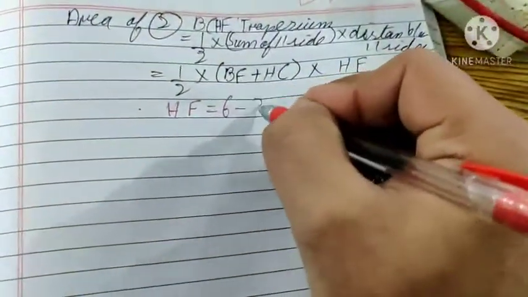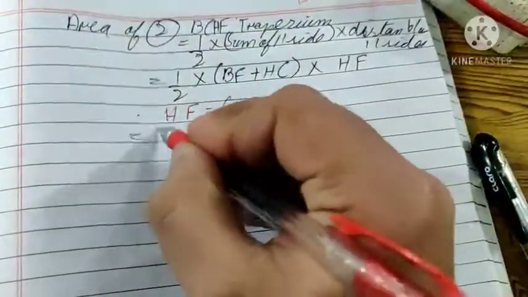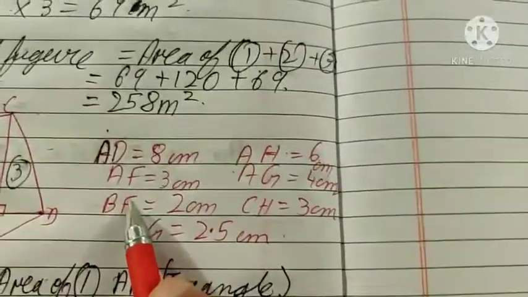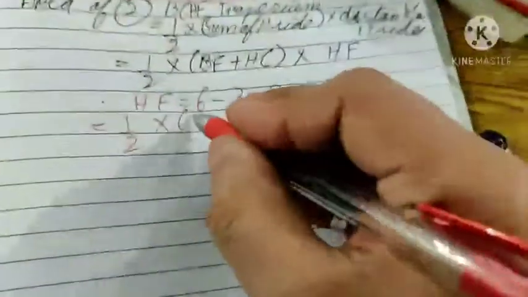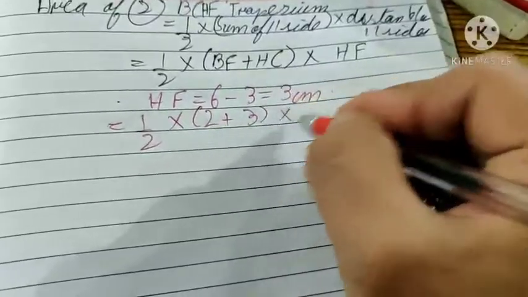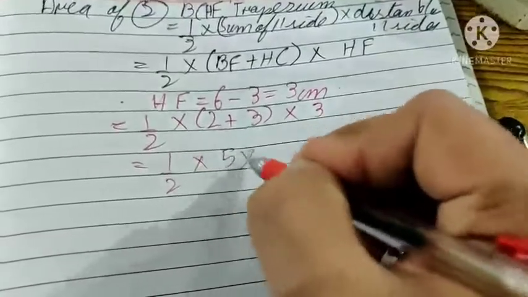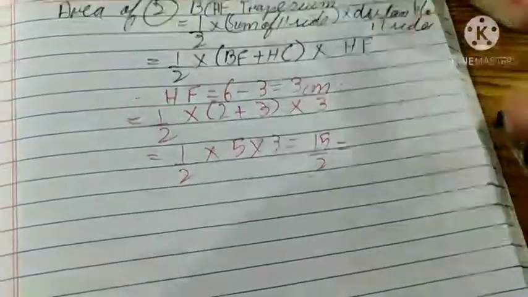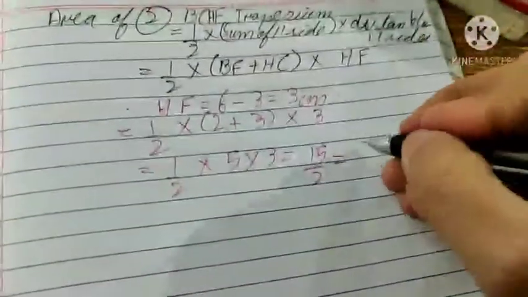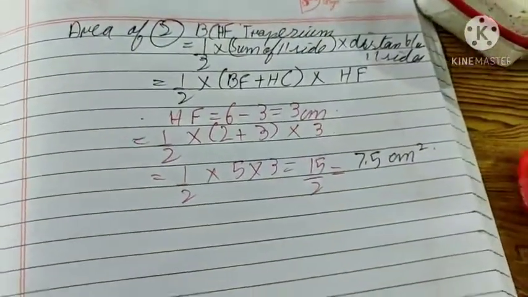So 6 minus 3, it is 3 centimeters. This is HF. So now half into BF. BF here is 2 into HC. CH, it is 3. 2 plus 3 into this is 3. Half into 5 into 3, that is 15 by 2, that is 7.5 centimeter square. This is the area of second part.